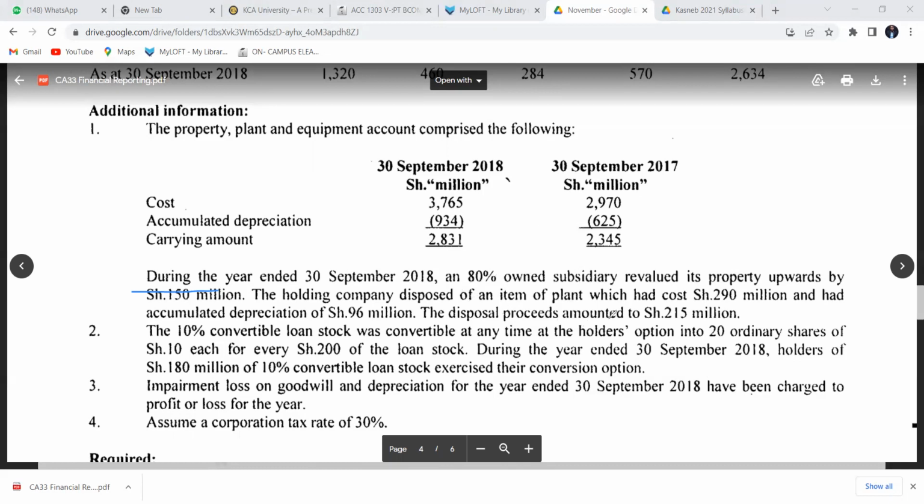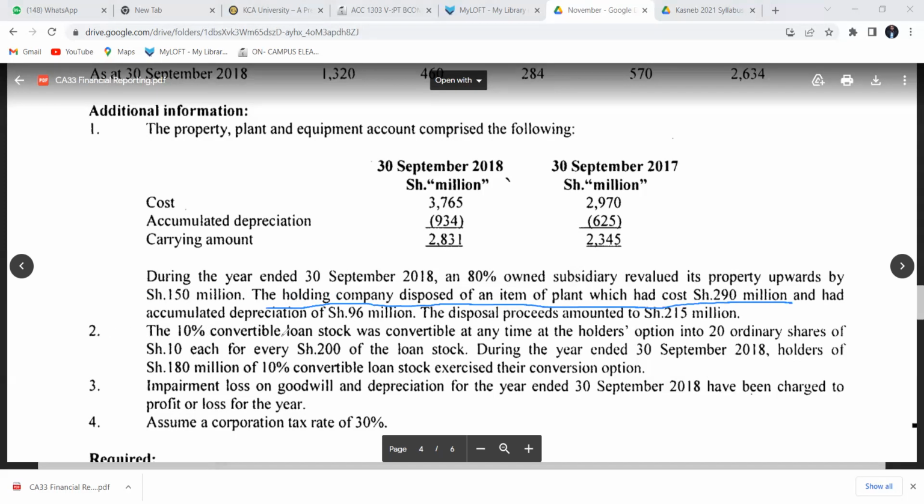The disposal proceeds amounted to 215. So remember that you have to do a disposal account to determine gain or loss due to that information given here. The holding company disposed an item of land. So we have to do a disposal account.